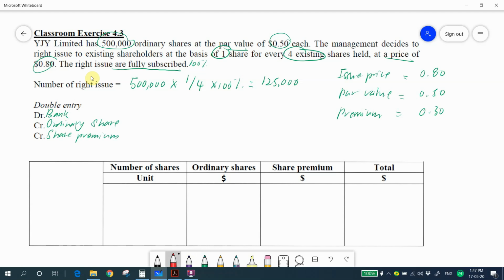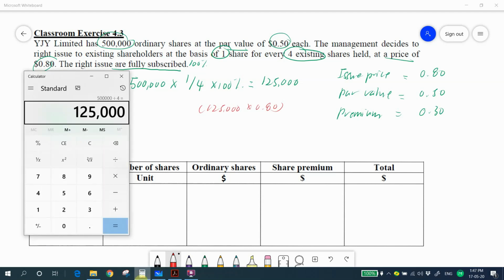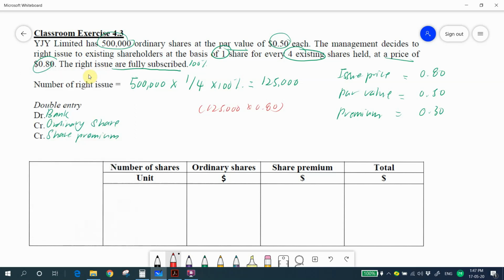But how much do we receive? We sell 125,000 shares. Each share we get 80 cents, which is the issue price. So we use 125,000 times 80 cents and we get 100,000. So 100,000 is the amount that we receive. How much goes to ordinary share?